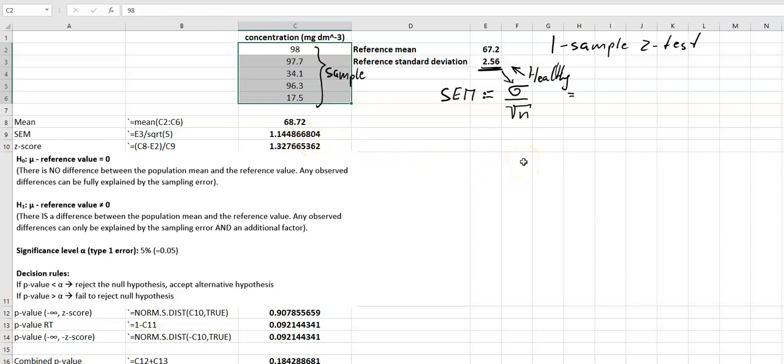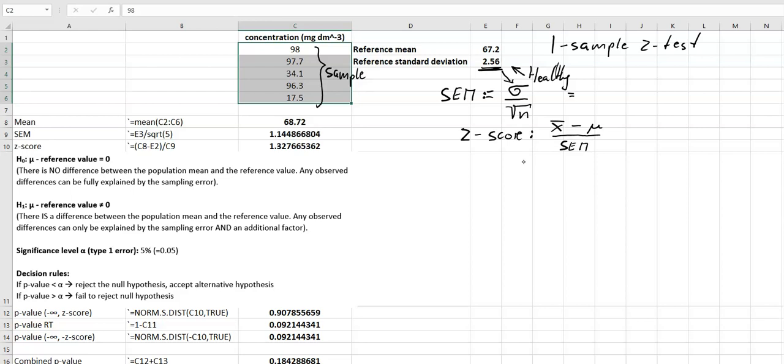We now can calculate a z-score, and the z-score is a sort of standardizing. It tells us how many standard deviations the means are apart. And the z-score is defined as the mean of the sample minus the known reference mean divided by the standard error of the mean, the SEM.